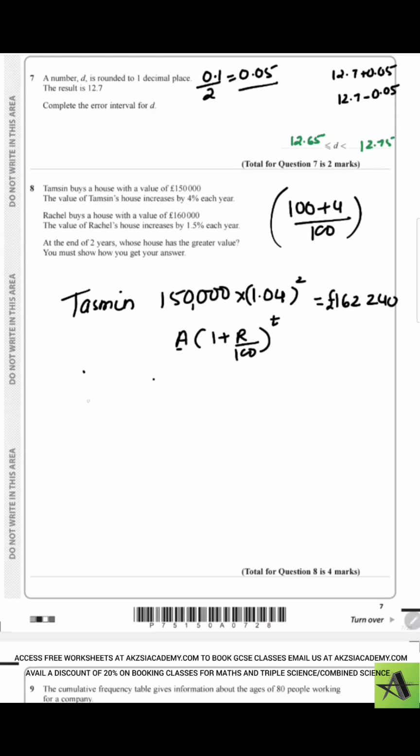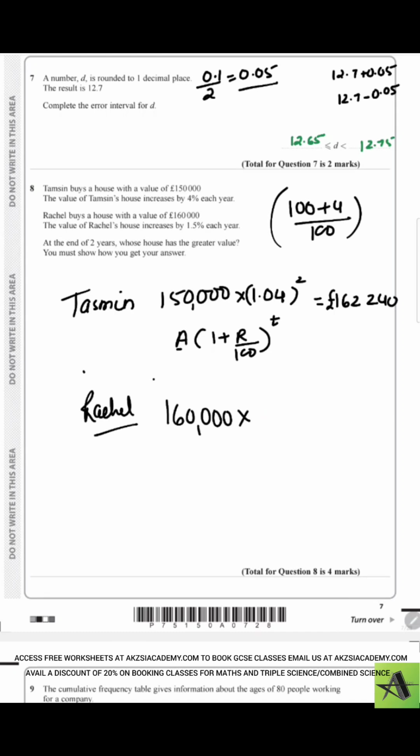For Rachel's house, she bought it at 160,000 pounds. I'm applying the same formula because the value of her house is also increasing, by 1.5% each year.